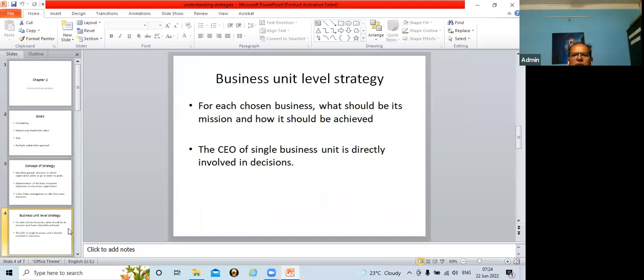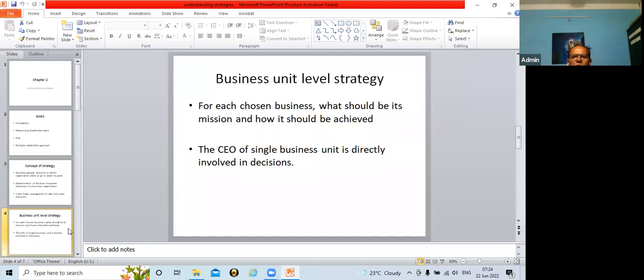What could be the business unit level strategy? Now we will discuss business unit level strategy. For each chosen business, whether it is manufacturing, professional service, non-profit organization or e-commerce, whatever we have discussed so far in this subject, enterprise performance management, you take any business: what should be its mission and how should it be achieved?